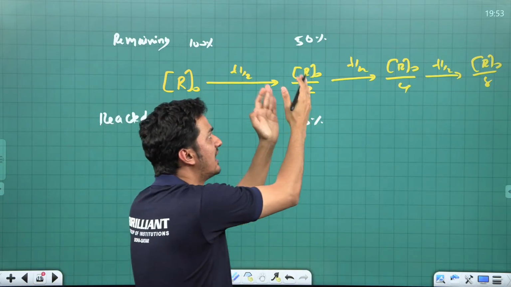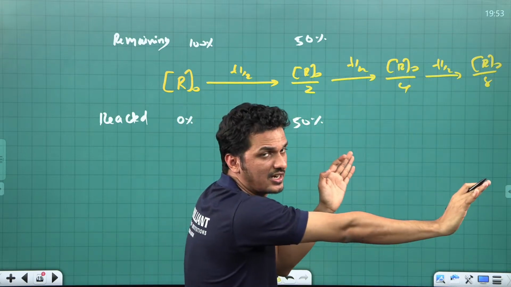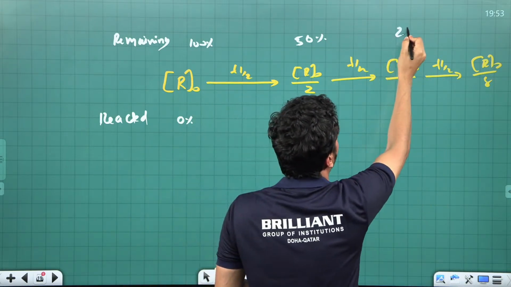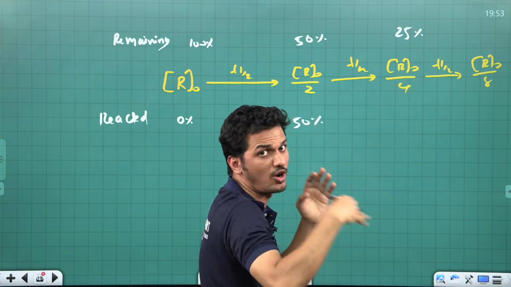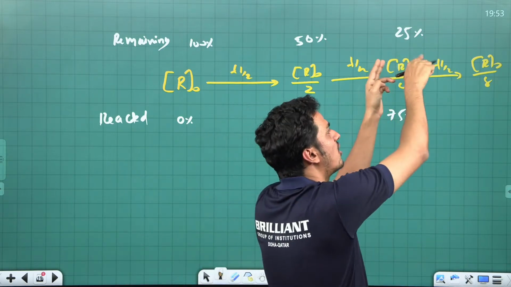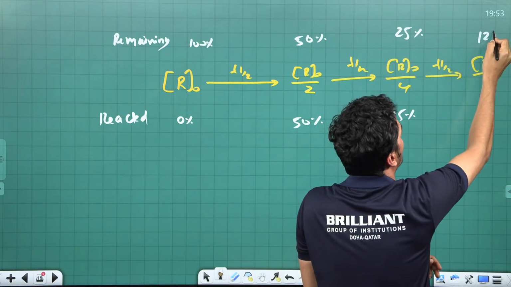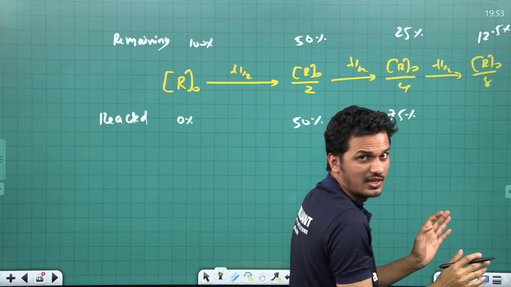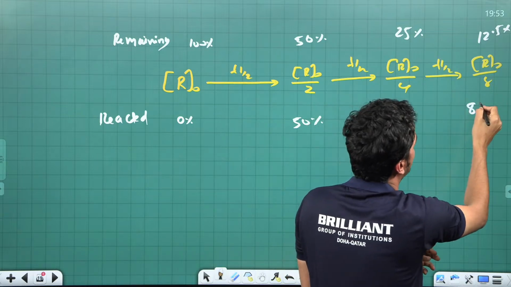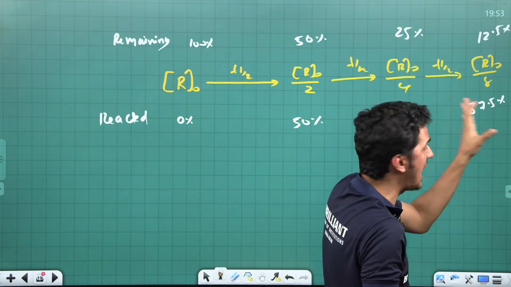Now you have 50, and in that 50, again 50% reacts. Only 25% remains, so totally 75% has reacted. Then this 25% again reacts by half, which means 12.5% is remaining, so 87.5% has reacted.